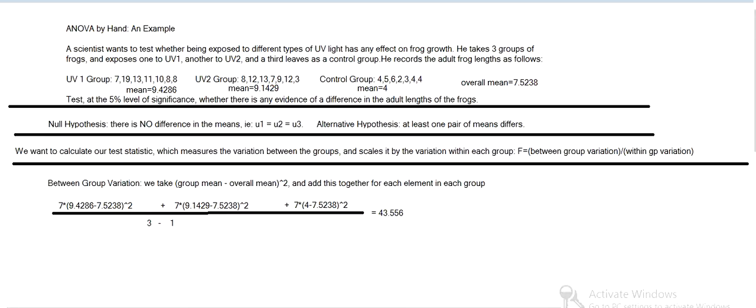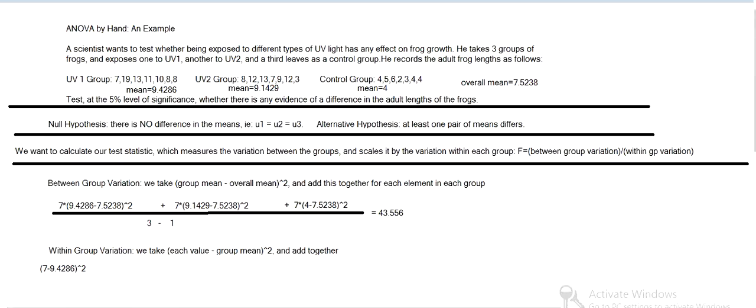For the within group, we take each value in each group, subtract the mean inside that group, square it, and add all those up for the different groups. So in the first group we take 7 minus 9.4286 and square.